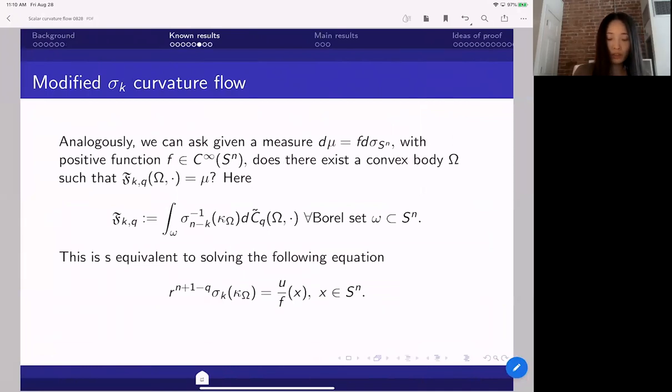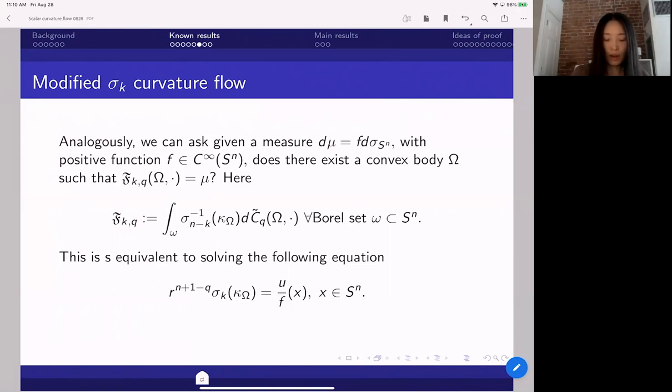Okay, analogously, we can ask the following question. Given a measure d mu equals f d sigma on S^n, which means we give a measure on S^n with a positive smooth function f, does there exist a convex body Omega such that the following measure equals mu?